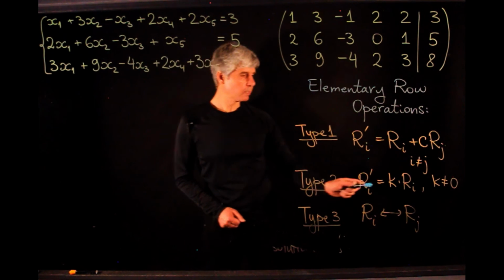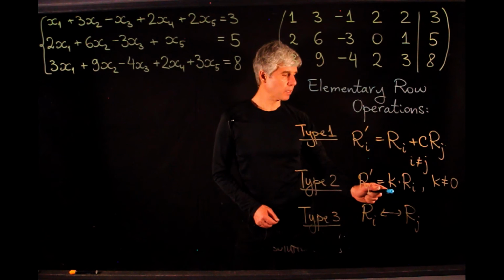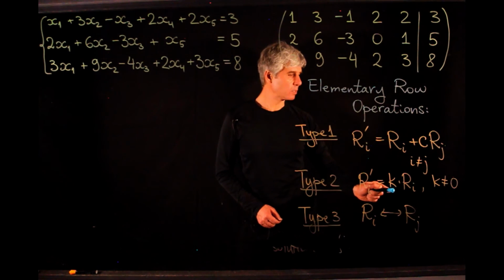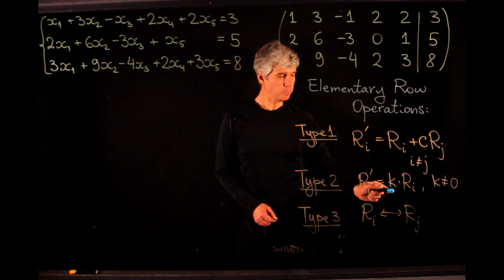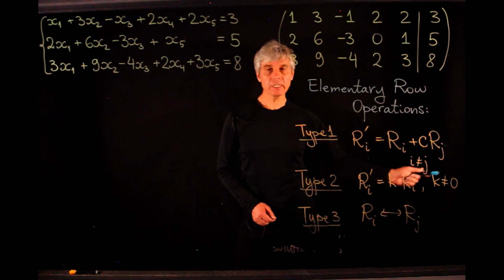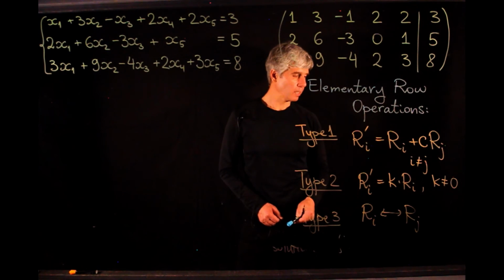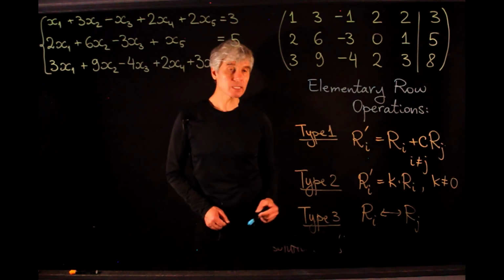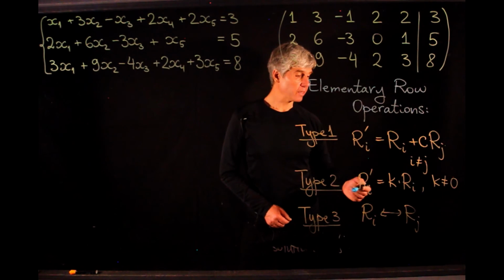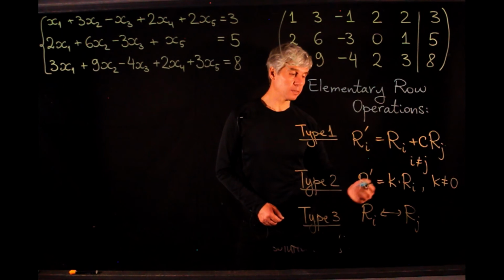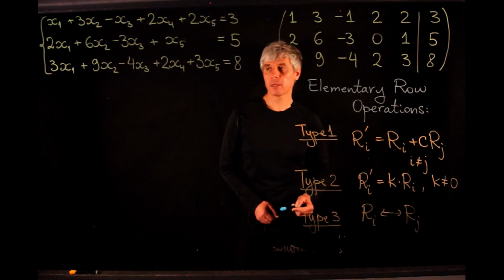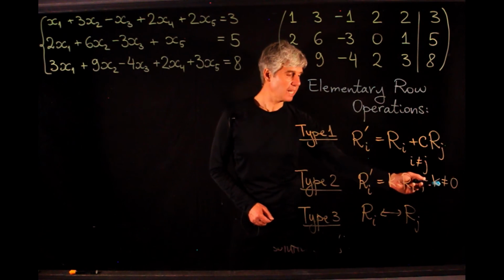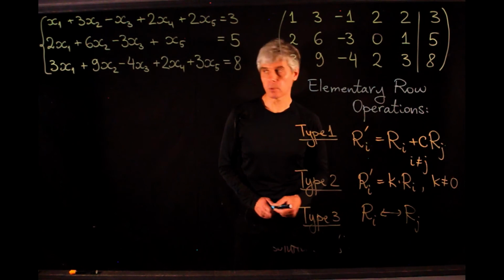What is the reason for requiring that this scalar k is non-zero? Well, if we take a row and multiply it by 0, then we wipe out all the coefficients in this row. And if we do this, we will lose information. And we don't want this to happen. And because of that, we require that this coefficient k is not equal to 0.